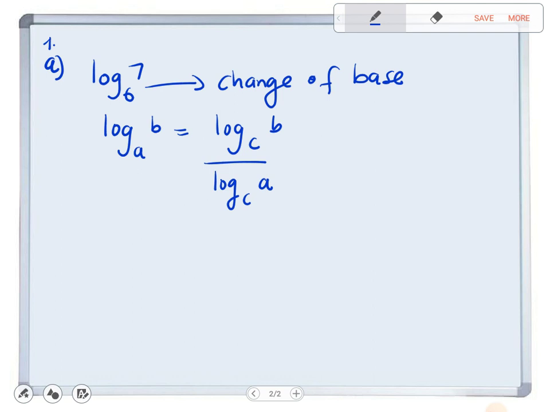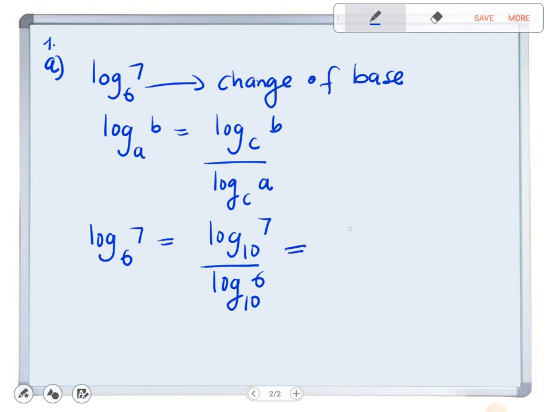So we have log 7 base 6 transformed to log 7 base 10 over log 6 base 10.